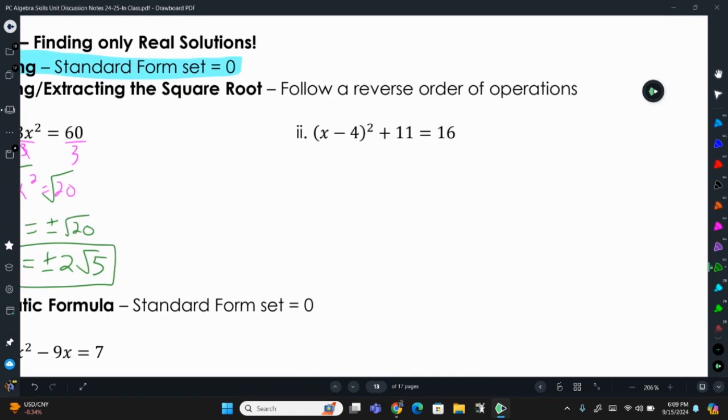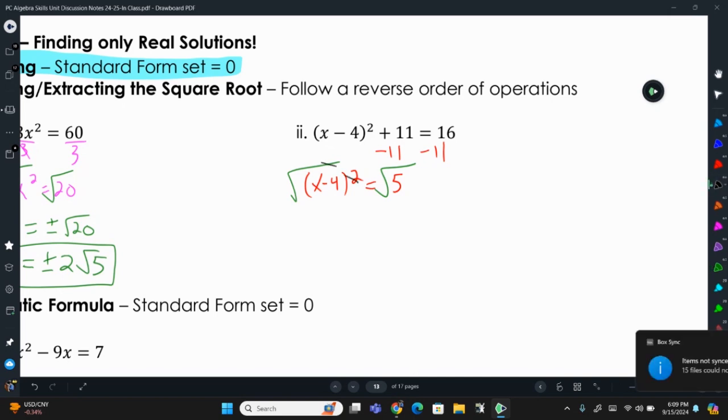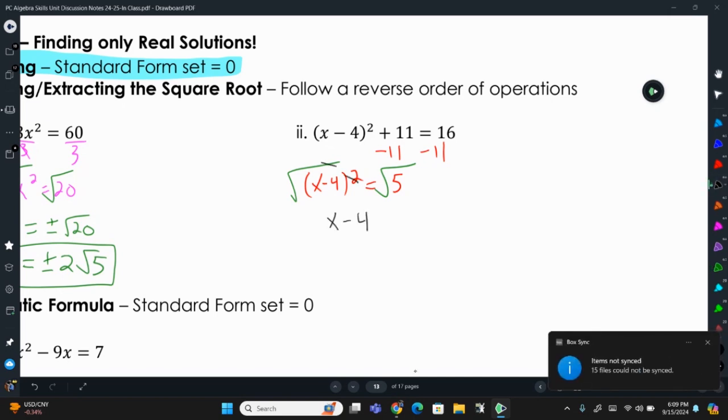Now, in this one, our x is stuck in a parenthesis with that minus 4. So we have to isolate that parenthesis first, and then we can square root this. Okay, square root both sides. At this point, it becomes x minus 4 equals plus or minus the square root of 5.